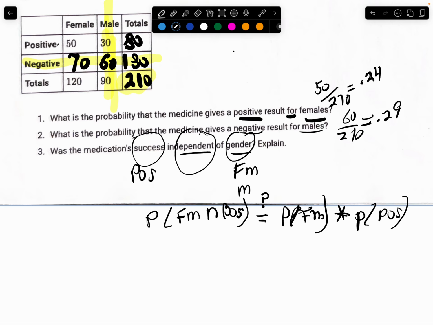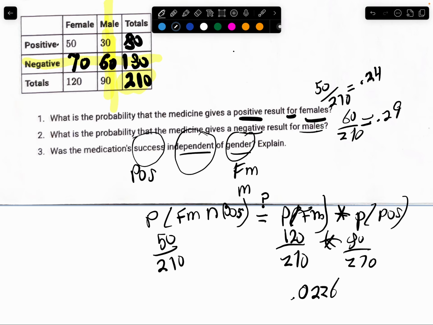That's this independence test. We should get 50 out of 210 for this, and these are 120 out of 210 and 80 out of 210. So we multiply things out. If you do it correctly, you should double check it so you could do it right on the test. We want to know if it's equal to 50 over 210, you get about 0.238. So they are close, but they are not equal.